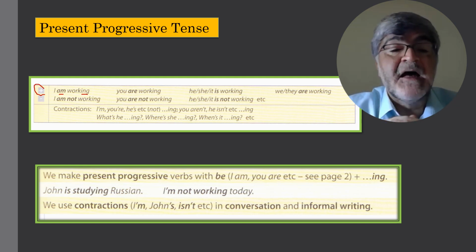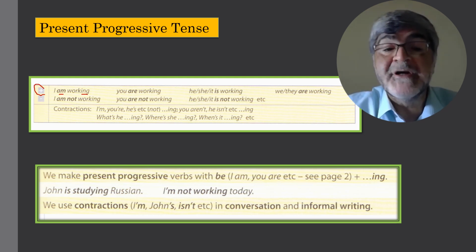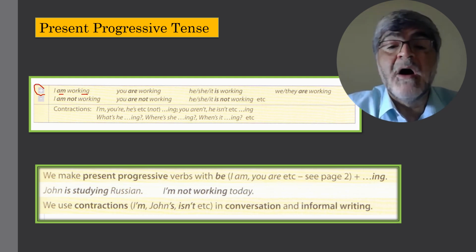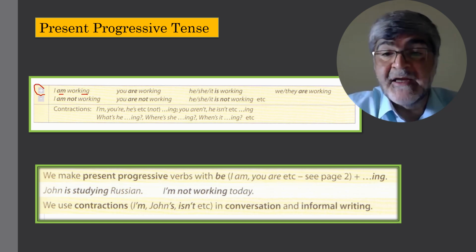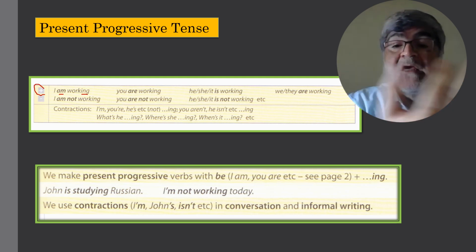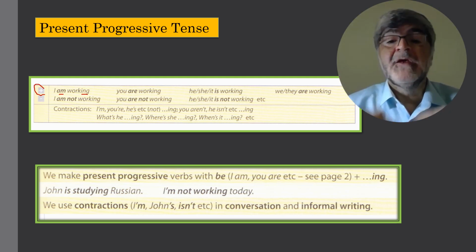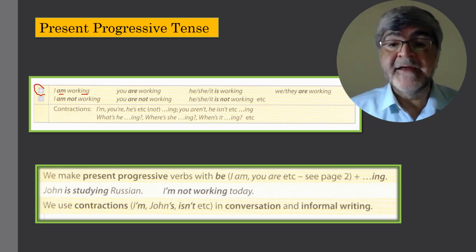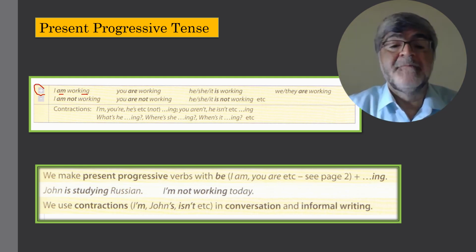And the other one is ing at the end of the verb. I am working. You are working. He is working. She is working. It is working. And we can say we are working. You, I, we are working.